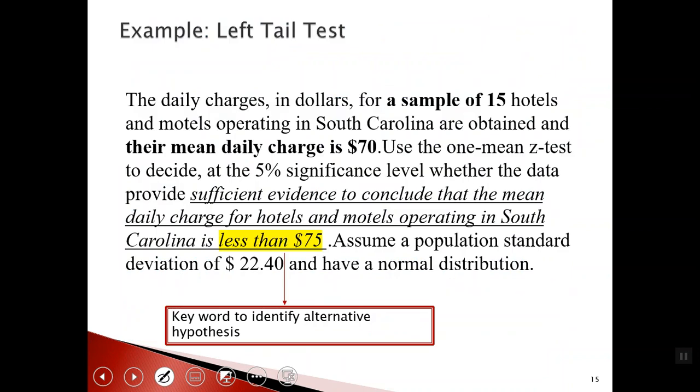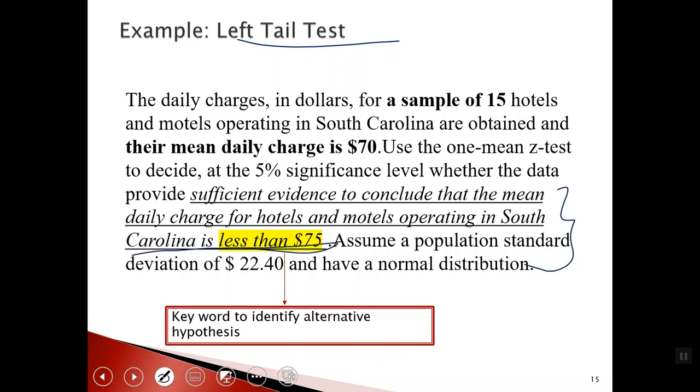Okay, let's see the last example, the left tail test. We have already done the right tail test and the two tail test. So this is the left tail test. How do we identify this as a left tail test? Read the question and focus on what they ask from you.